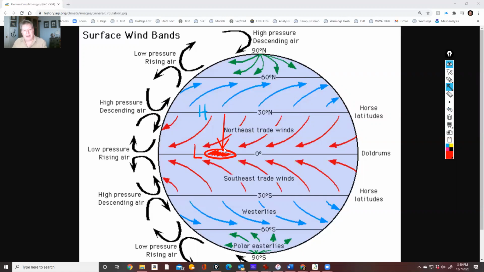The bigger that gradient, the stronger that circulation. So during an El Nino, the Walker cell weakens, but the Hadley cell strengthens.